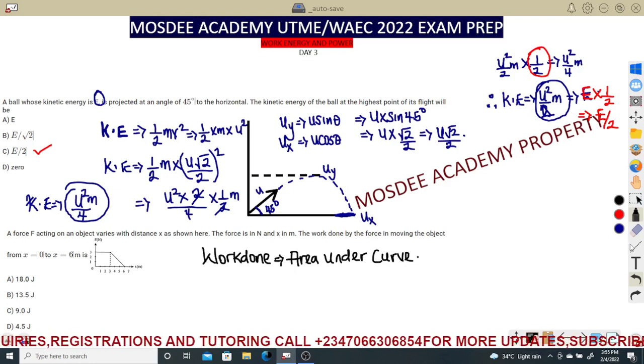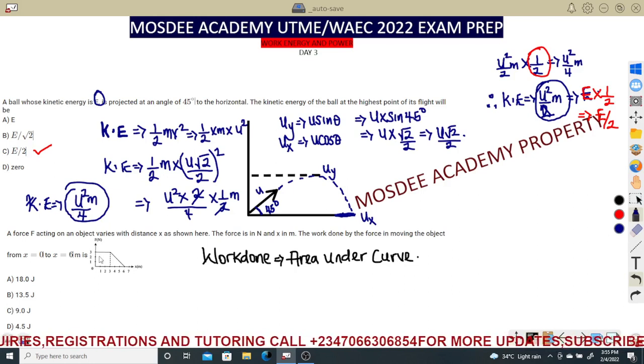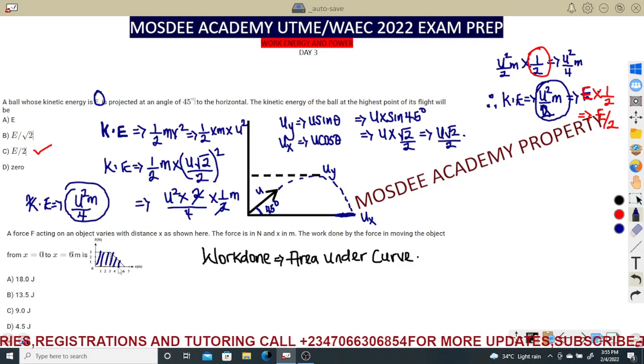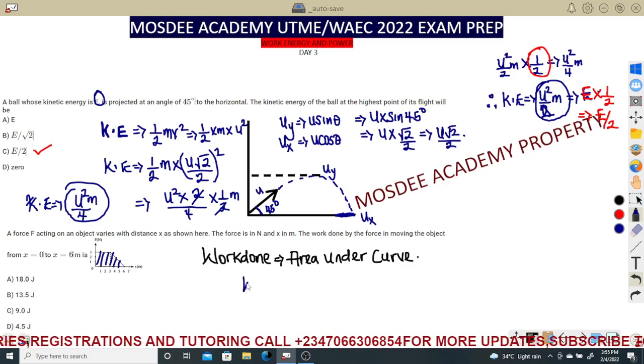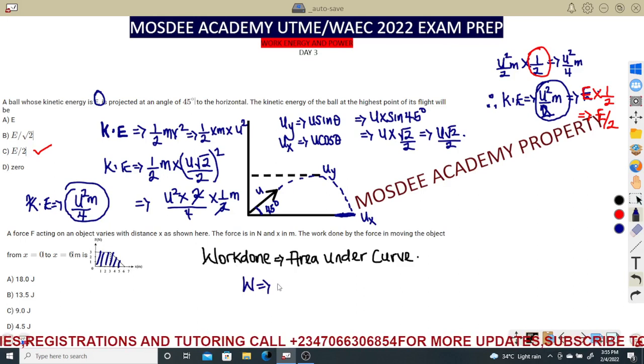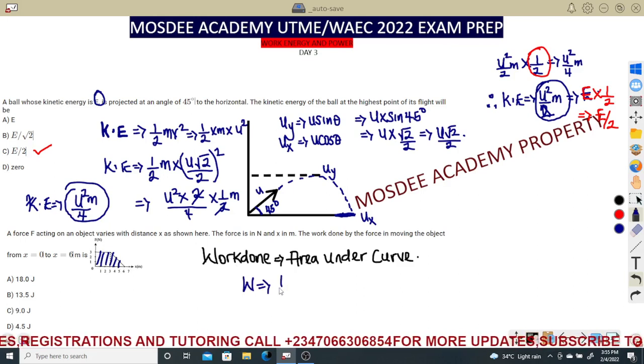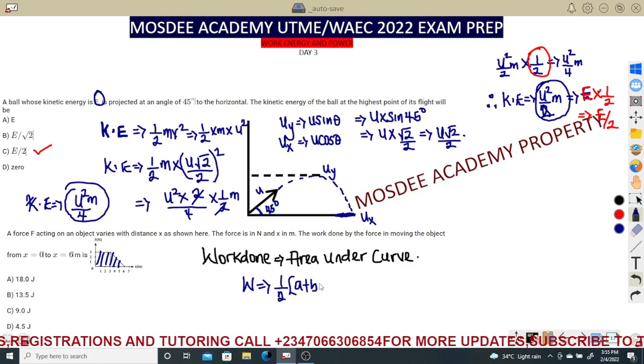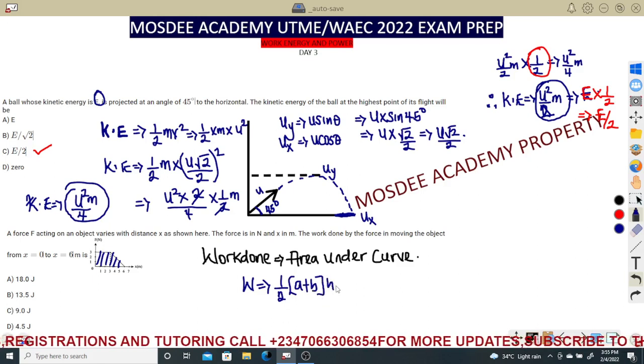Be careful. So what you just need to do here is calculate the area under this curve. The shape here is a trapezium. So the work done moving it from 0 to 6 is the area of the trapezium, which from mensuration is half the sum of the two parallel sides multiplied by the height.